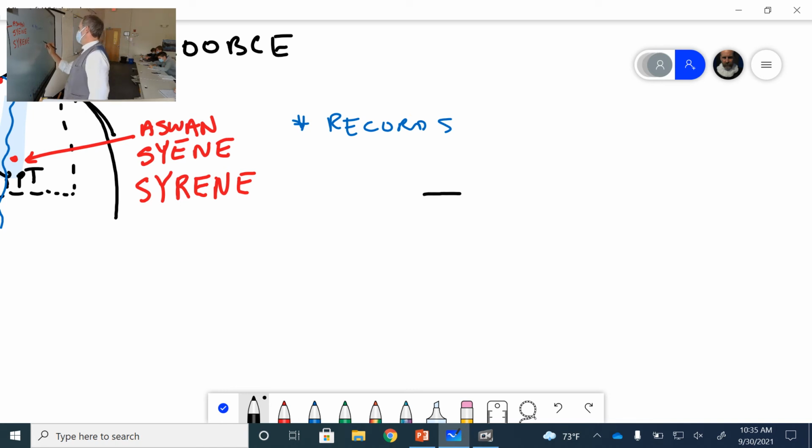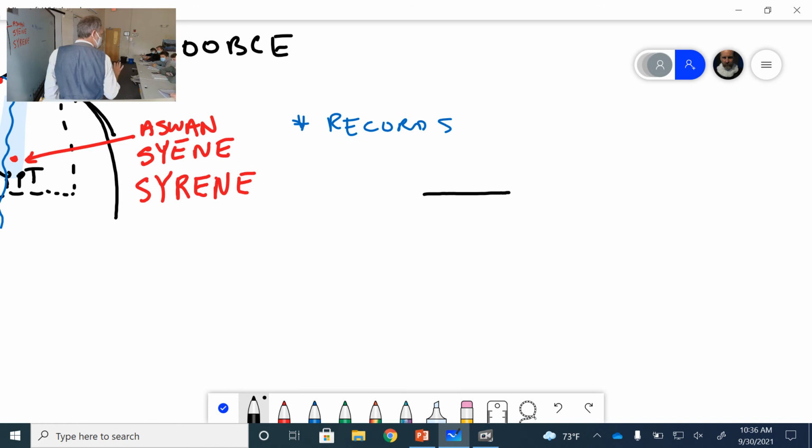What's a well? Water. It's a place where you get water. It holds water. You go deep in the ground, right? It's 2,000 years ago. You don't go to the bathroom and open the tap to get water. You go to a place where you have dug a deep hole where there is water in the bottom. You lower down a bucket, you pull it out, right? So in Syene, there's a well.